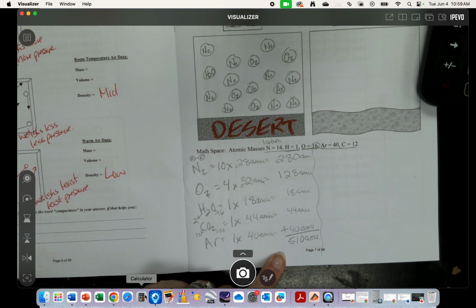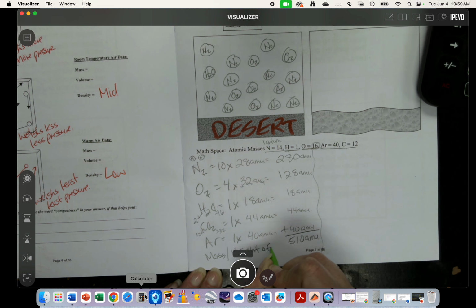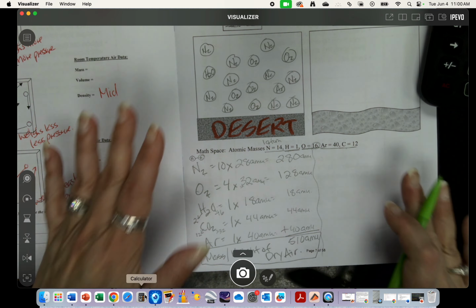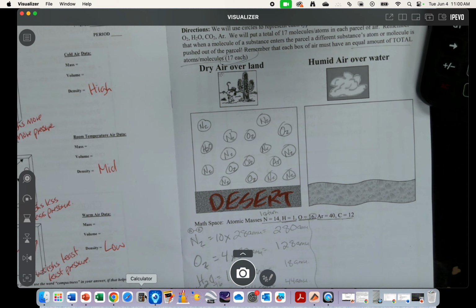Is that okay? So this is the mass or weight of dry air. That's the mass or weight of a sample of dry air that's hanging out over the desert.